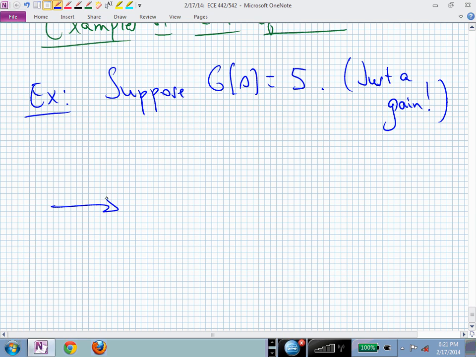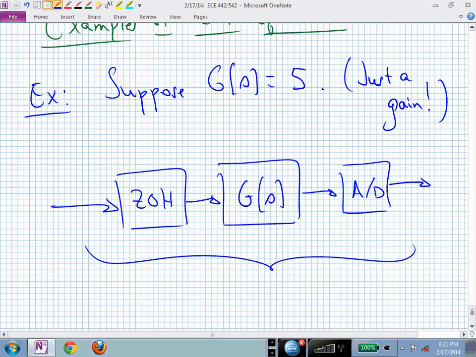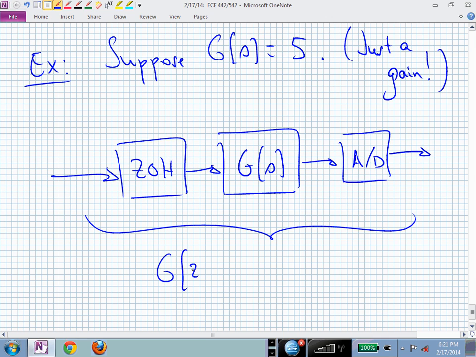We're now saying that we want to precede our G of S with a zero order hold, sample that, and produce this G of Z, which is really going to be the zero order hold equivalent of a pure gain.